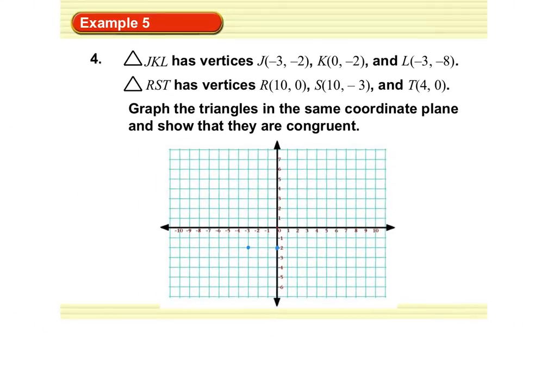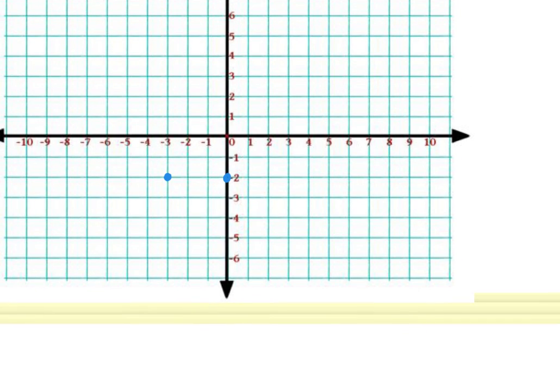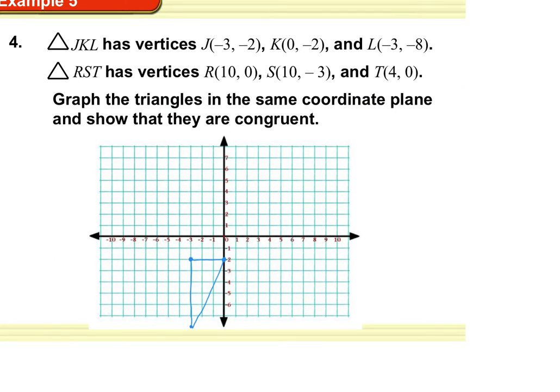And L was at -3, -8. So this is our graph. Let's label each of those points. It was J, K, and L.